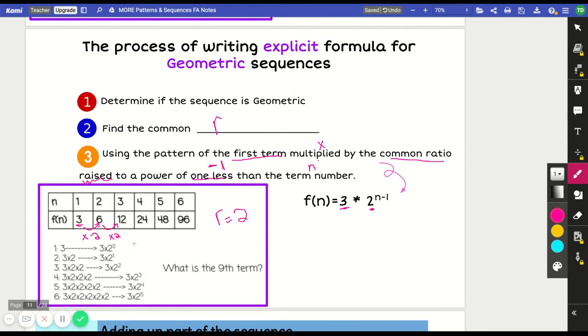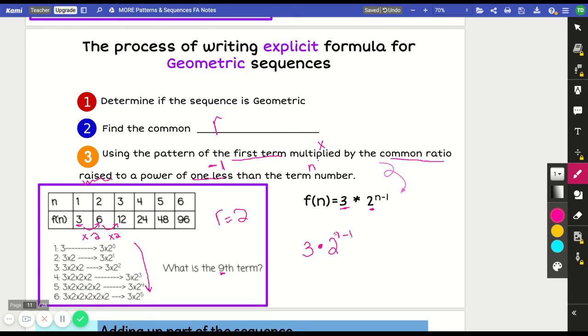I've done all the work over here on the left to find each of the terms, but say I want to find the 9th term without finding 7 and 8. So I take my first term, multiply it by my common ratio, and I raise it to the power of 9 minus 1.